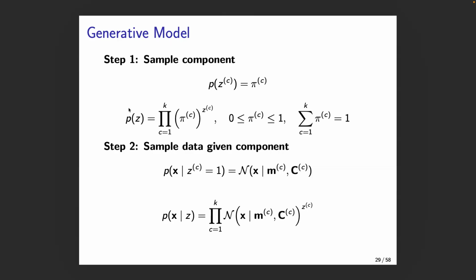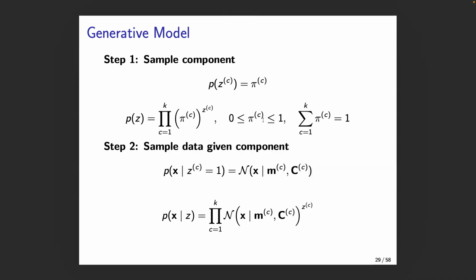Now, the second formulation is the same as this one, just because our latent vector z is a binary vector and contains only 0s or 1s. So if you put this pi c to the power of z c, all of the values are going to be 1 except the one where c is equal to 1. So these are the same formulations.